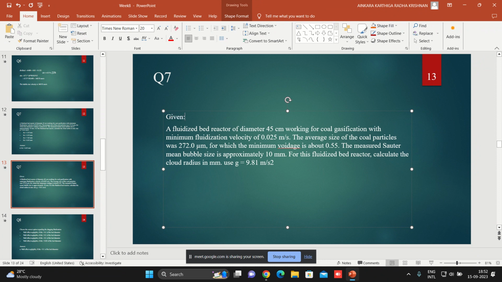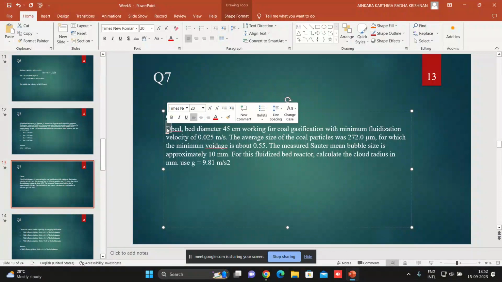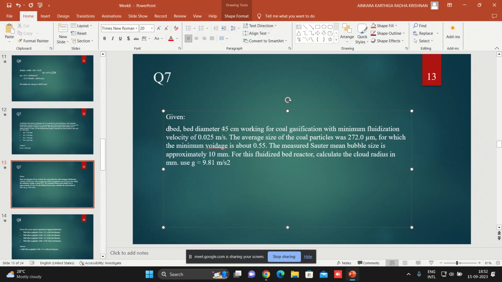Given: bed diameter, d_bed, 45 centimeter.